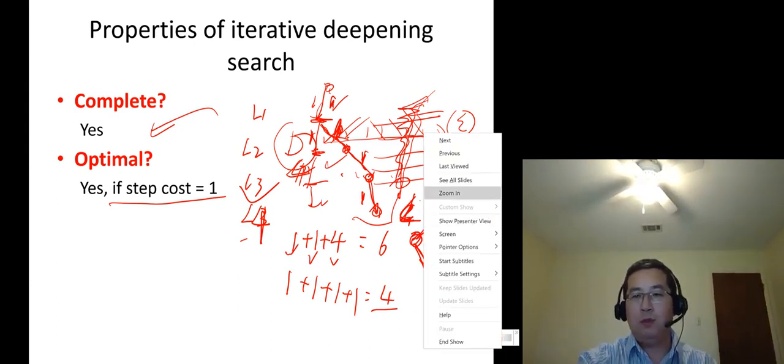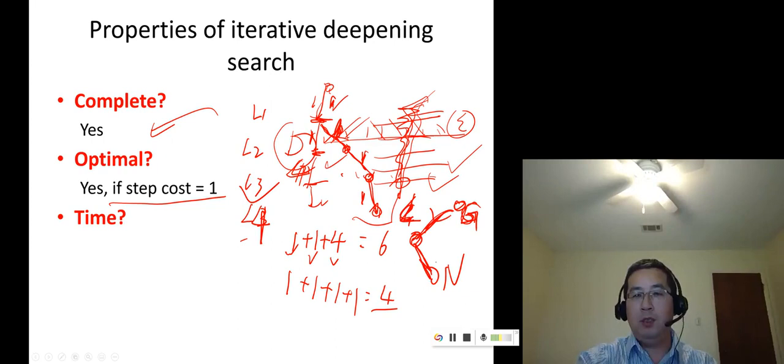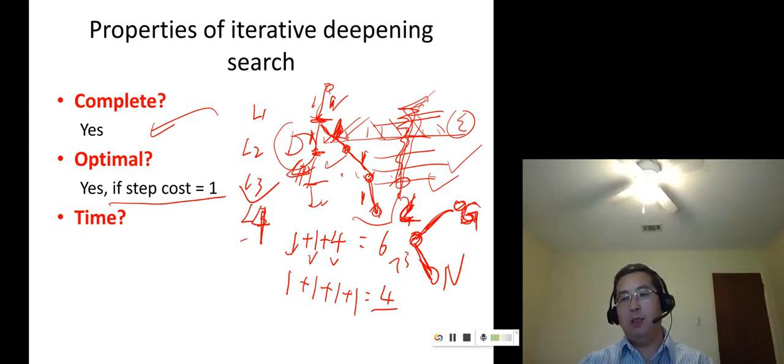But for here, maybe it's 75 miles, correct? So that's different. This is a different problem. So when we do DFS or BFS, we cannot use this one, because we cannot guarantee the answer will be optimal, correct?